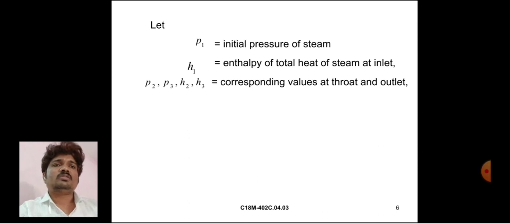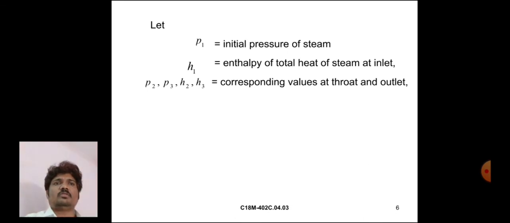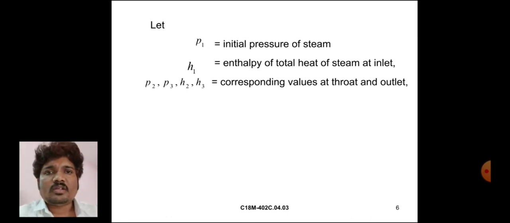Total enthalpy of the steam at inlet condition is H1. H2 is the throat condition enthalpy. H3 is the outlet exit condition enthalpy. These P2, P3, H2, H3 are corresponding values at the throat and outlet.